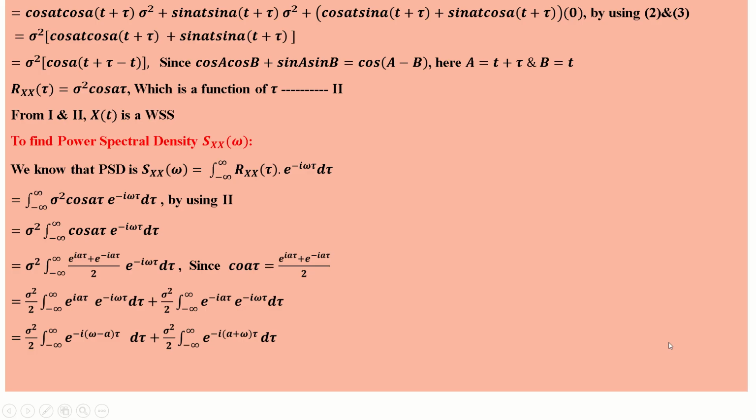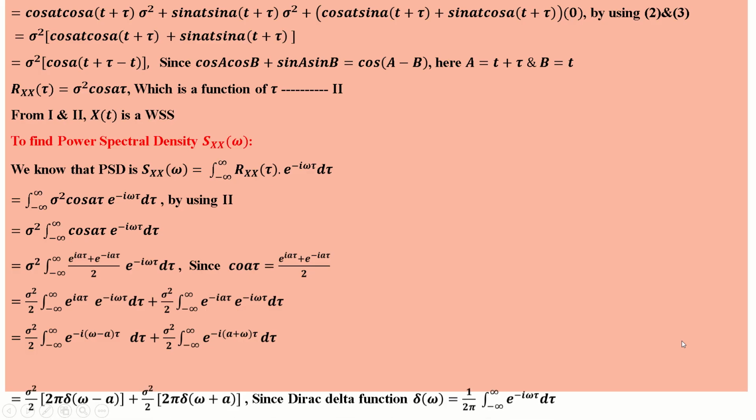So grouping the e powers, taking −i and τ outside, the first integrand becomes e^(−i(ω−α)τ) dτ. The second integrand becomes e^(−i(α+ω)τ).